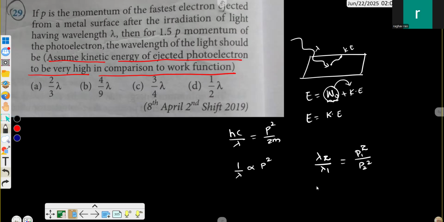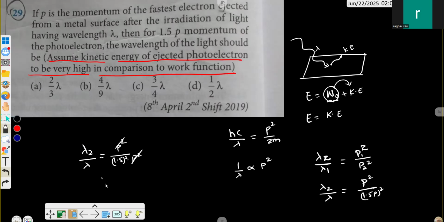So this is simple P square, and this is 1.5 P whole square. So lambda 2 by lambda is equal to P square upon 1.5 whole square into P square.